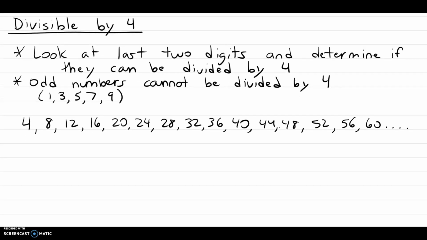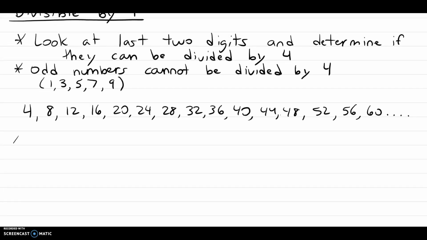So let's consider the number 128. If I look at the last 2 digits of 128, the last 2 digits are 28, and that's on my list. That's one of the multiples of 4.